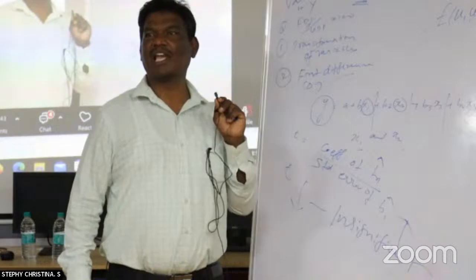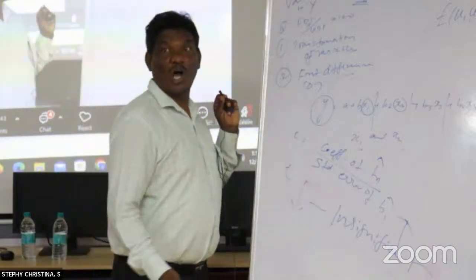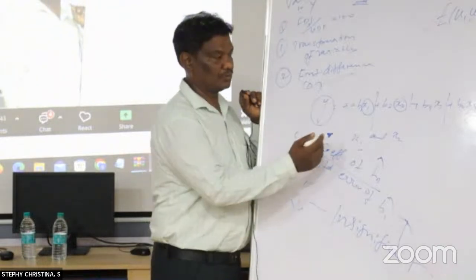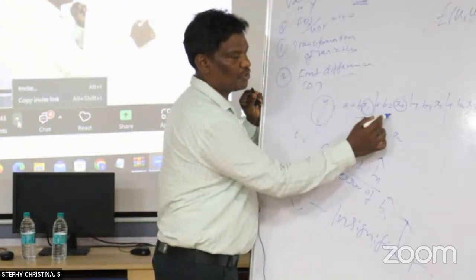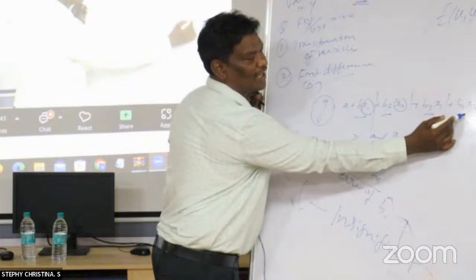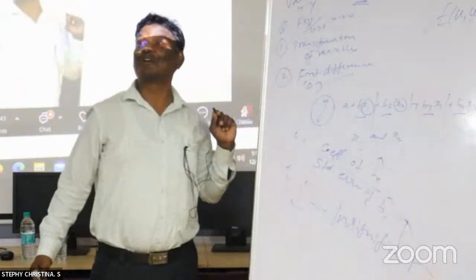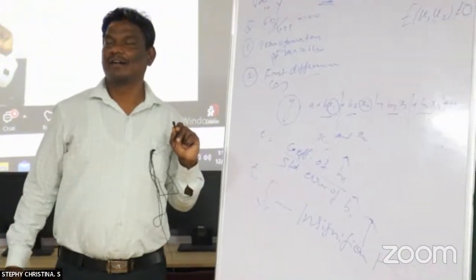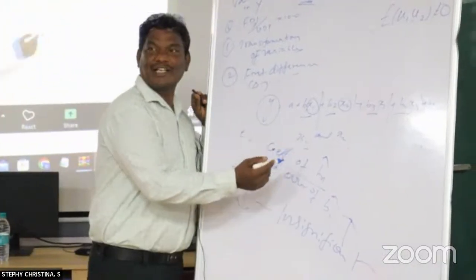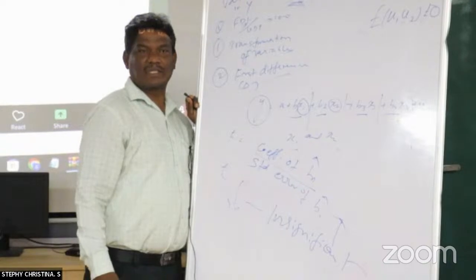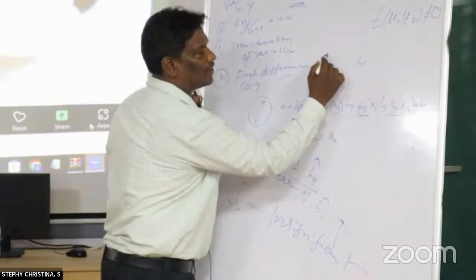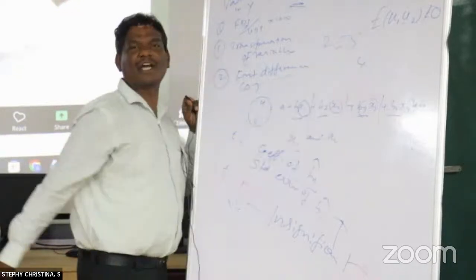How many t values will be there in the equation? 1, 2, 3, 4. Four t values. In that, you can see, of the 4, two to three become insignificant.